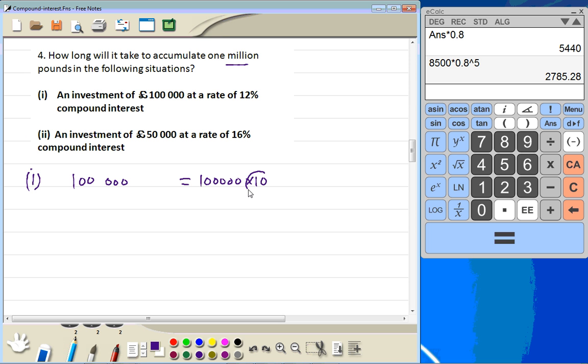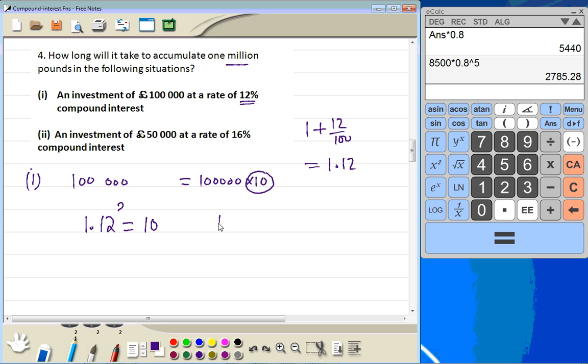So we're looking for factor 10. Because the interest rate is 12%, so when we do 1 plus 12 divided by 100, we get this factor 1.12. So we want to know 1.12 raised to the power something is nearly equal to 10 or more than 10.